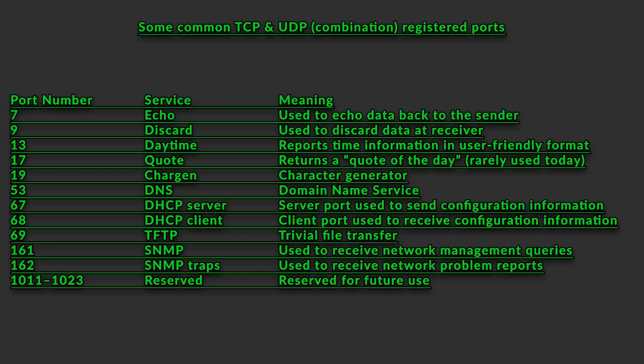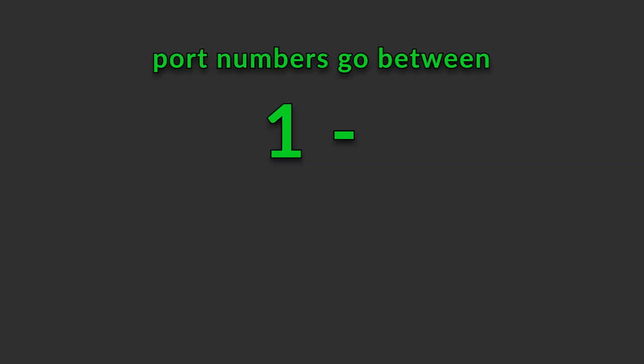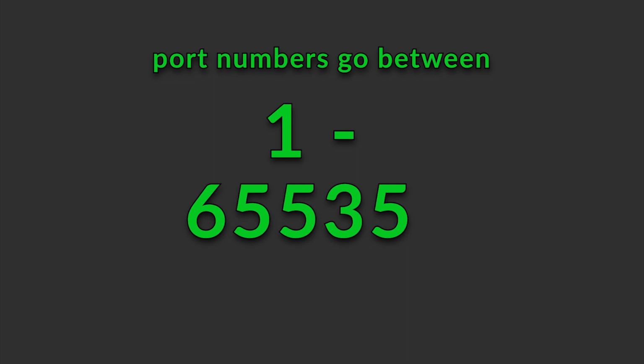It's important to note that whilst most internet services run on TCP, there are a number of simple services that run in UDP, and some, like DNS, use both TCP and UDP, so bear that in mind. It's also worthwhile to know that port numbers range from 1 through to 65,535.